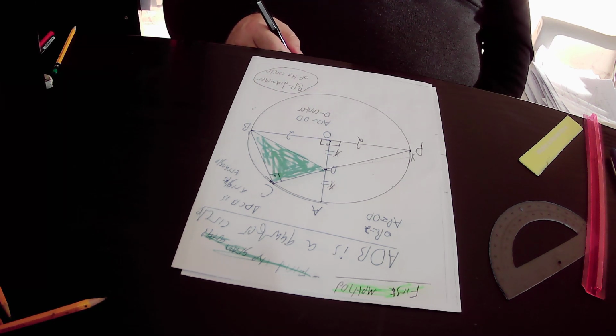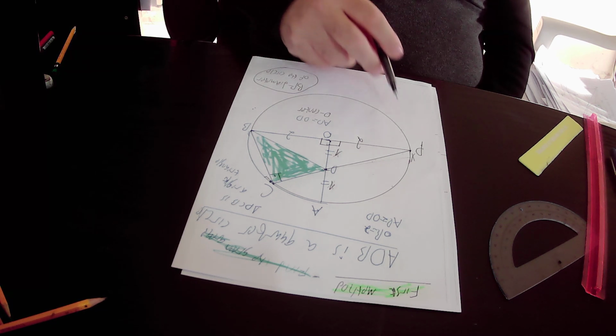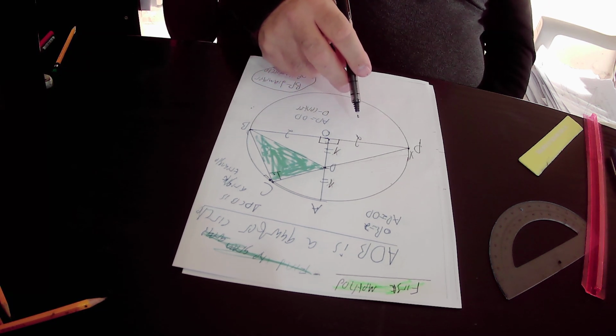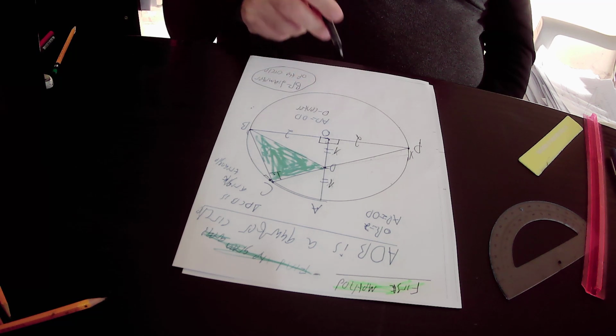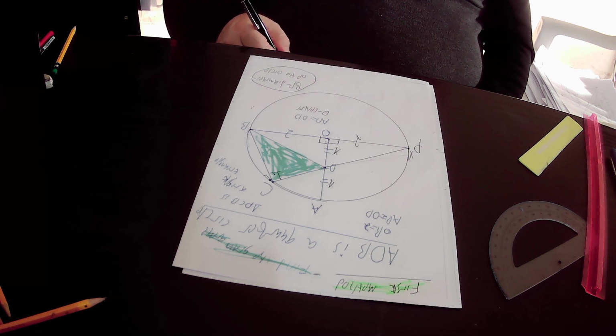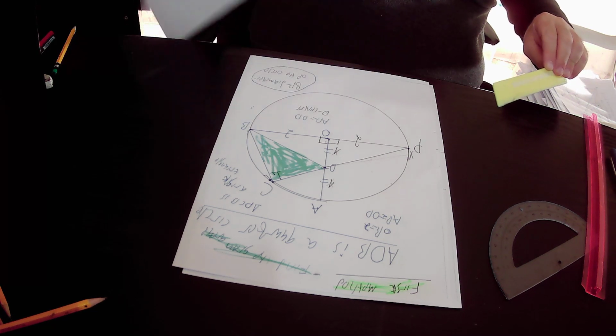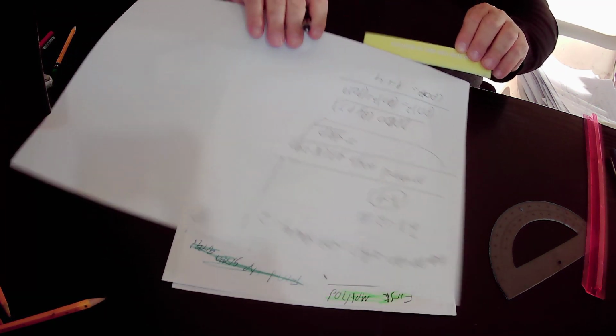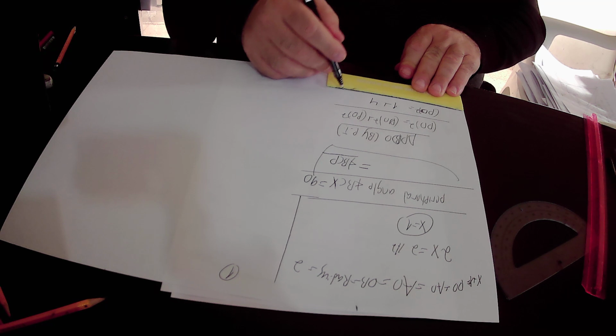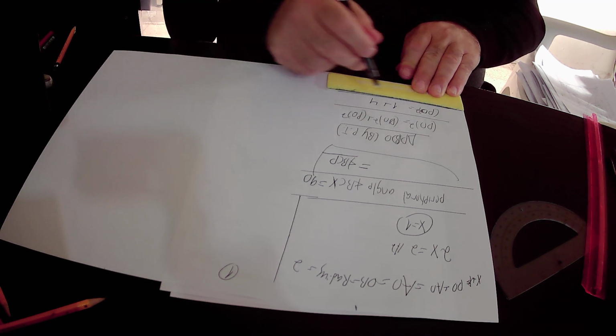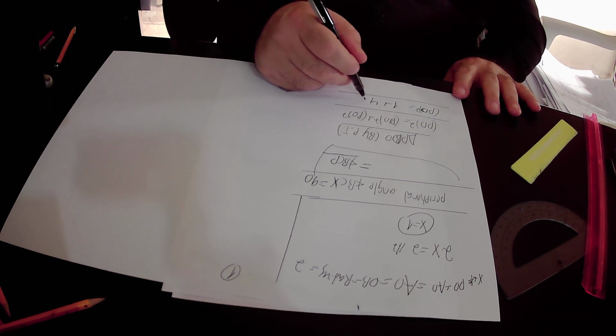DO is 1, so DO square is 1 squared, that is 1, plus PO square. PO is 2, therefore PO square is 2 squared, that is 4. Okay, so in conclusion, we found that PD square equals 1 plus 4, that is 5.